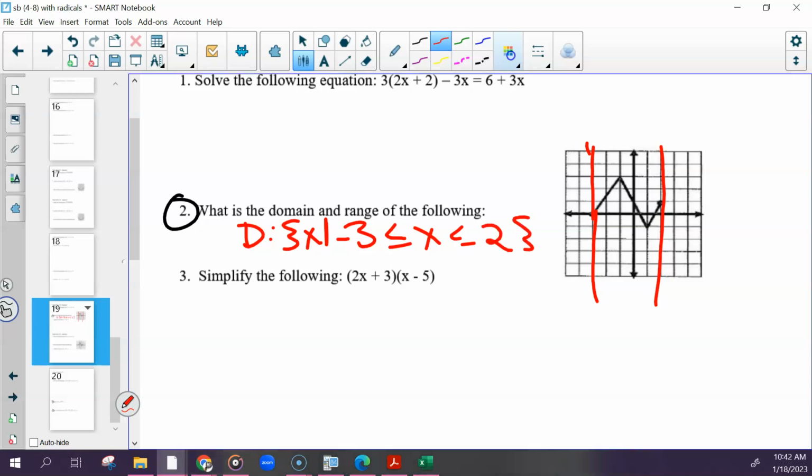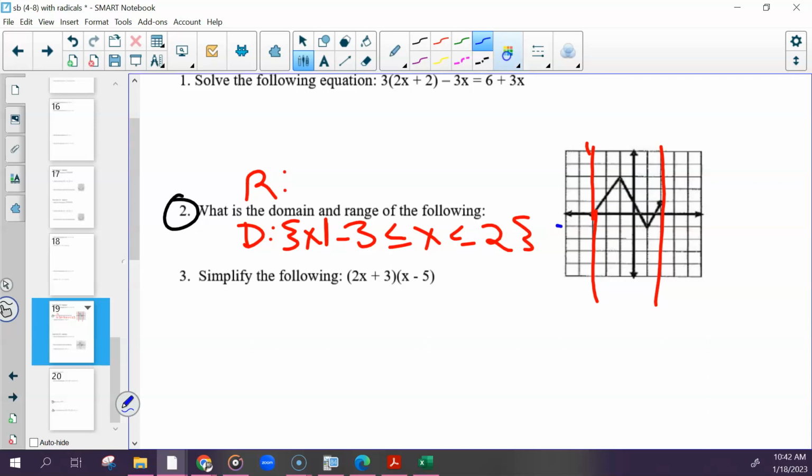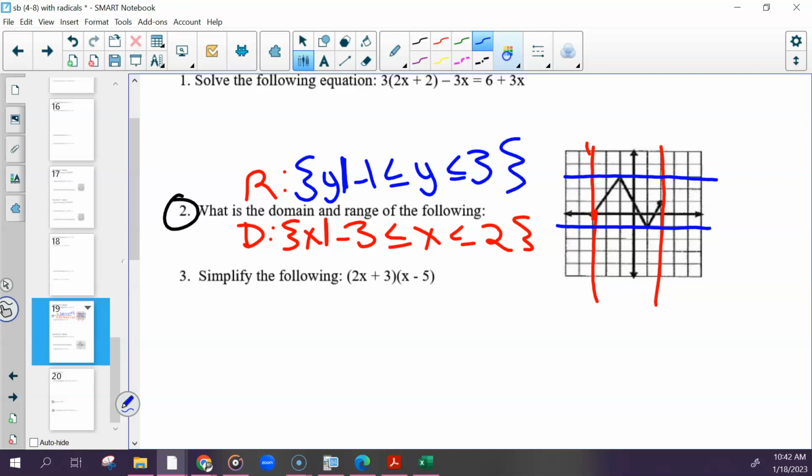So that should be your domain. Range, we are looking lowest to highest. So our lowest value is -1. And then our highest, +3. So those should have been your domain and ranges. 4 and 5 we'll do when we get back. And then we'll talk about how Plexay is going to work today.